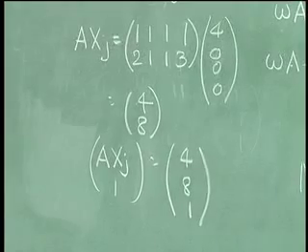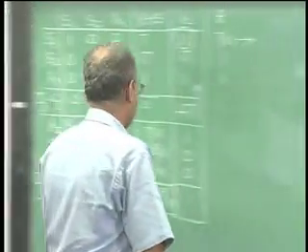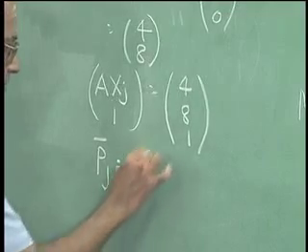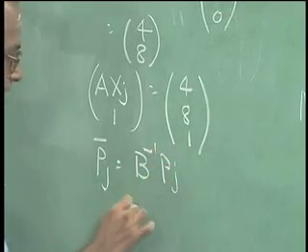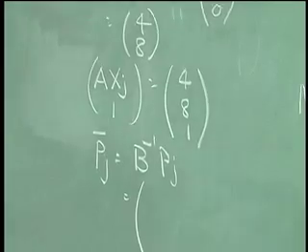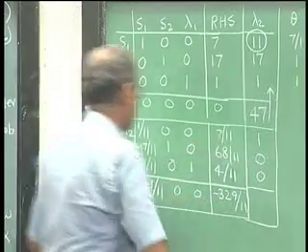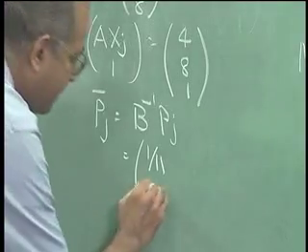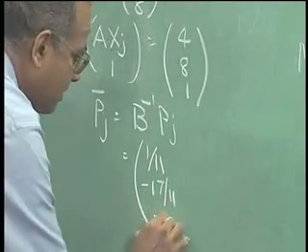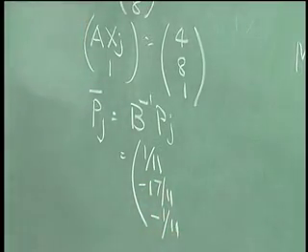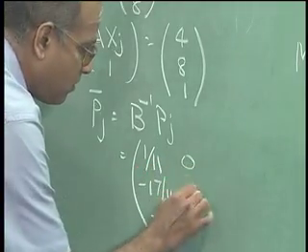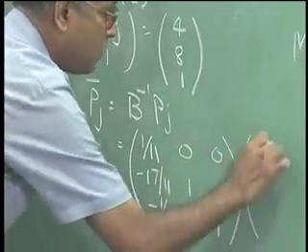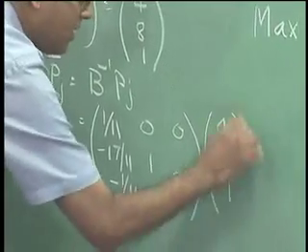Now, p bar j is equal to b inverse p j. This b inverse can always be read from this. So, 1 by 11, minus 17 by 11, minus 1 by 11, 0 1 0 0 0 1 into 4 8 1.